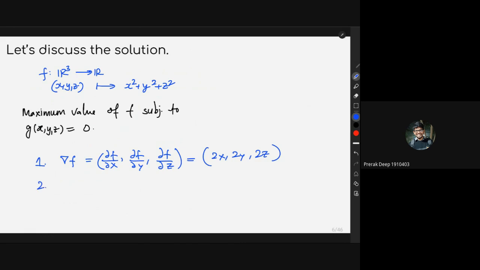Second point is to calculate the gradient of the constraint function as well. The constraint function was x plus y plus z minus 12. If I differentiate this with respect to x, I will get 1. Similarly, with respect to y, I will get 1, and 1 as well with respect to z.